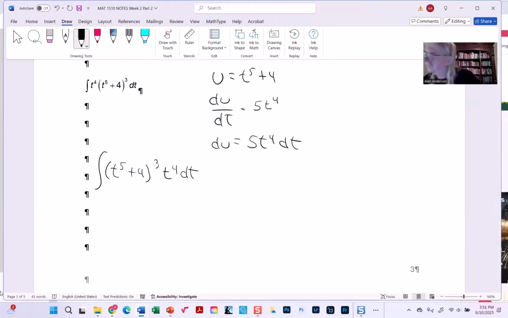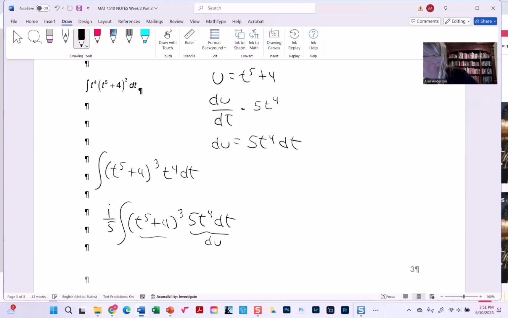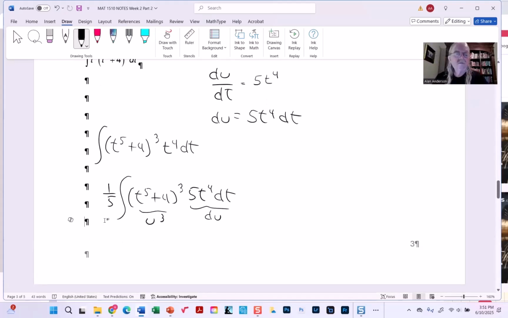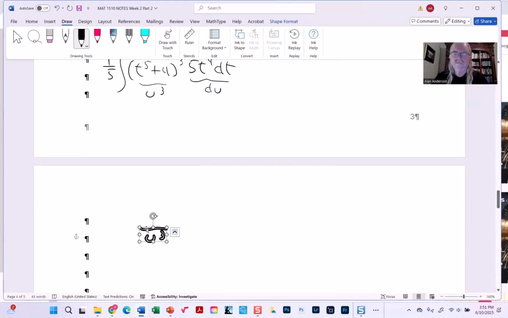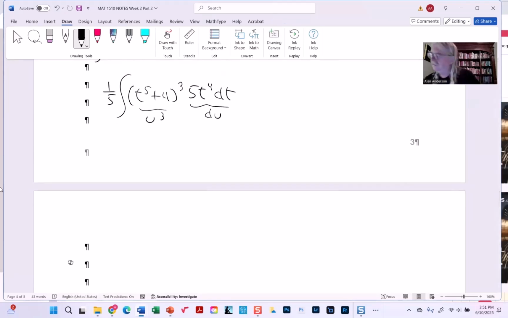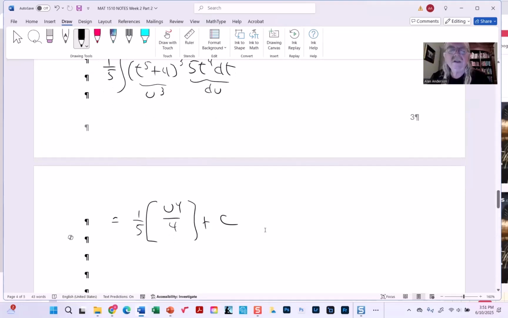So we'll multiply by 1/5. And here that leaves us with 5t to the 4th. Okay, this is our du. This means we have u cubed. And so we ultimately end up with 1/5 u to the 4th over 4 plus c, because this one is an indefinite integral.